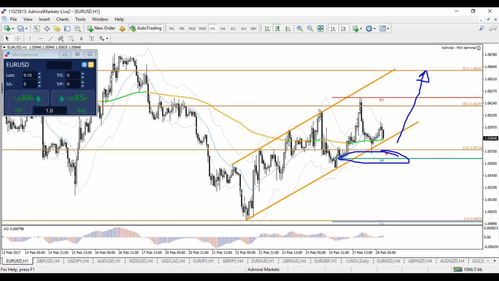If it doesn't bounce at the pivot point, but rather keeps pushing bearishly like this, then I nicely avoided a losing trade, because if price does break through the pivot point, my main analysis in a way is invalidated, because I do expect still a further upside.